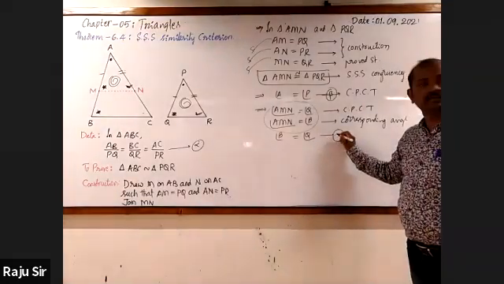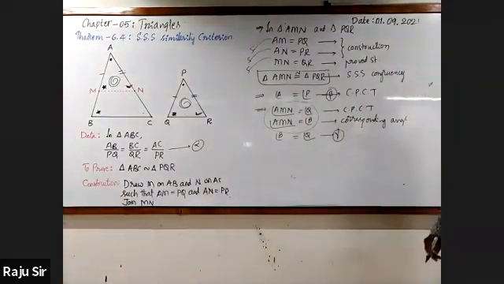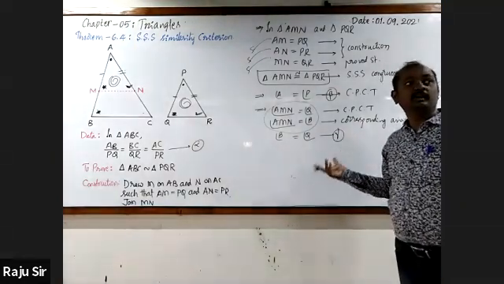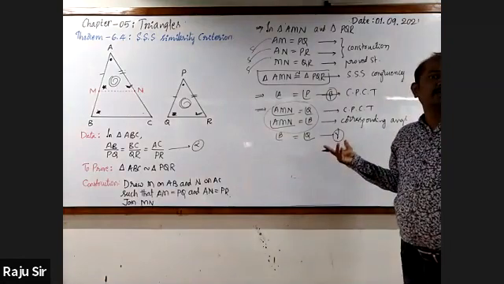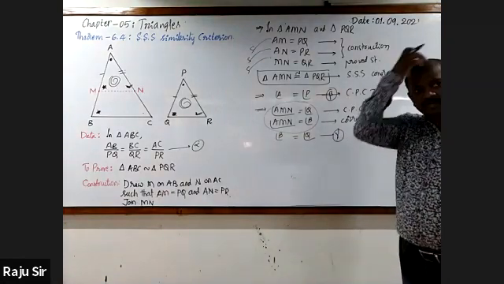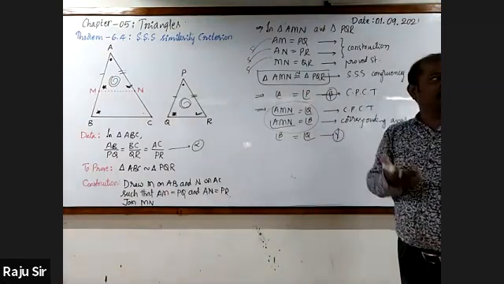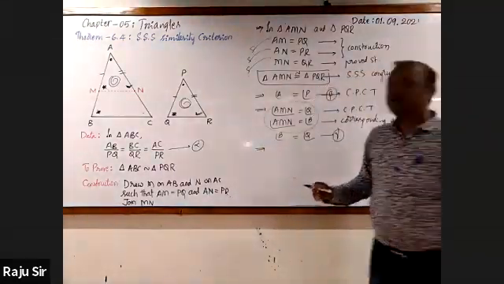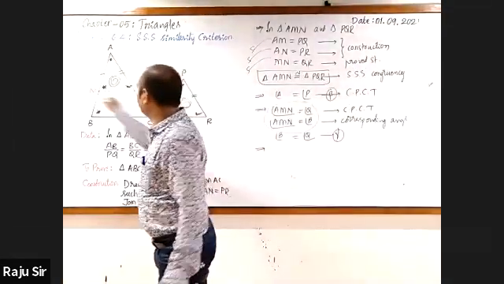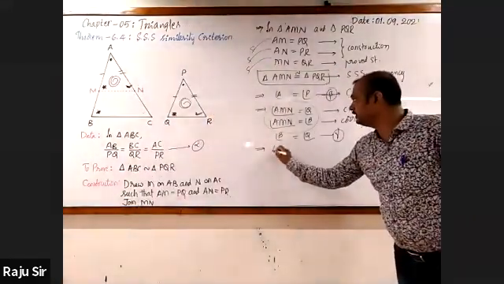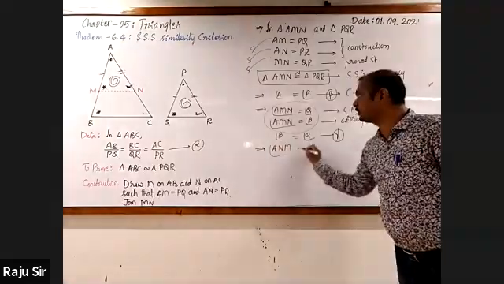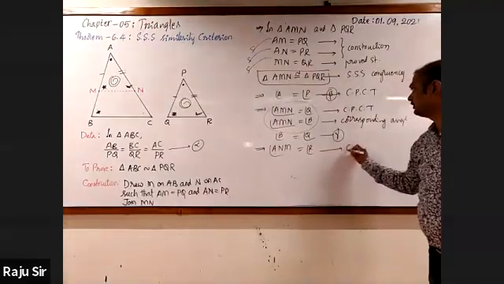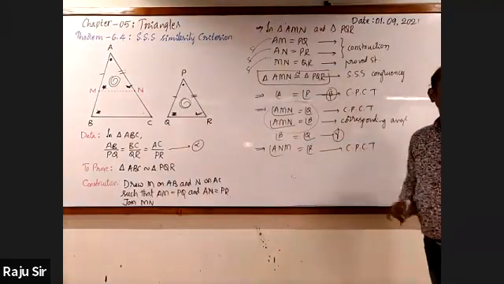And this is gamma. Alpha, beta, gamma, theta, zeta, iota, epsilon, phi, tau can be used. You all remember? Very good. Next, angle ANM is equal to angle R. Reason: CPCT.